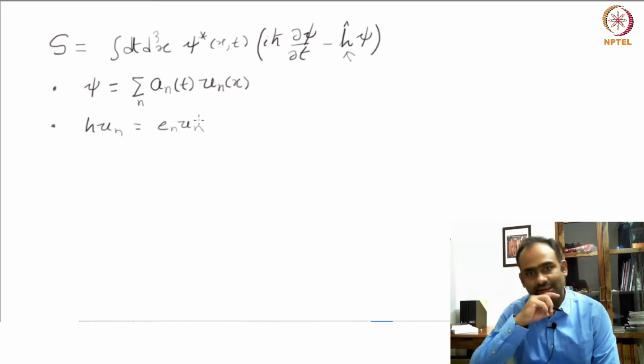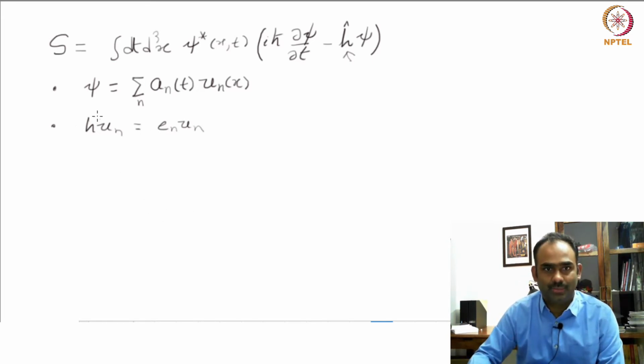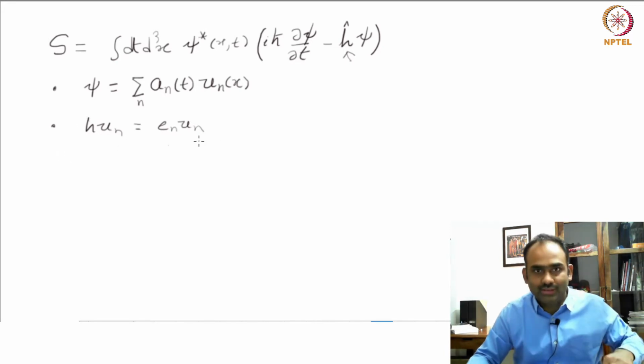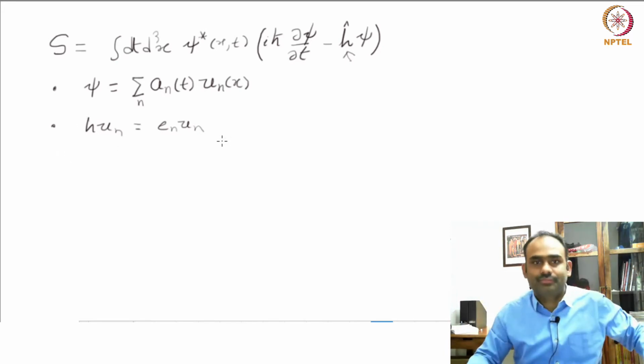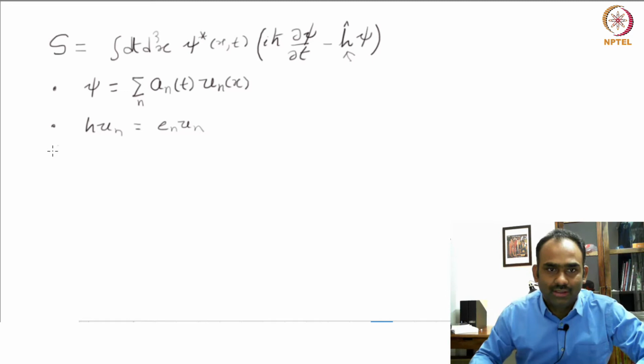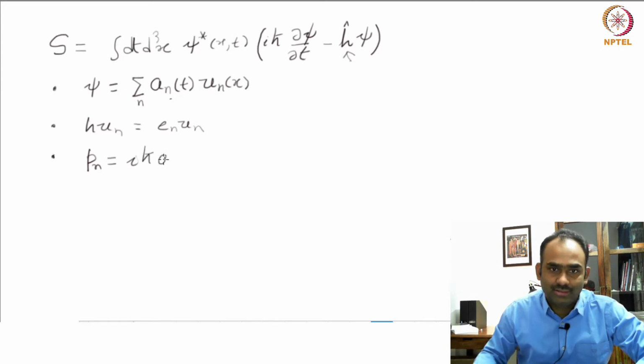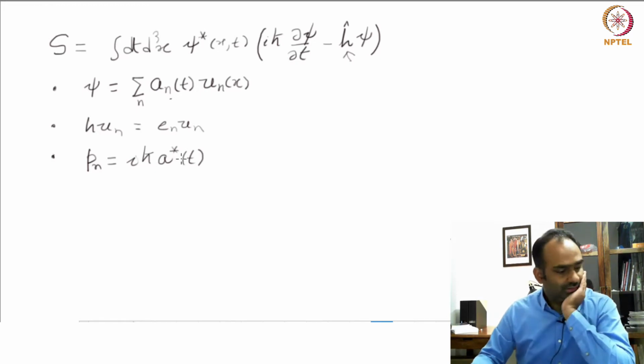Okay, so these u_n are eigenfunctions of this operator h. So we did this expansion and then we took the a's as the generalized coordinates, and found out that the corresponding conjugate momenta are i h bar a star. Okay, so that's what we found.